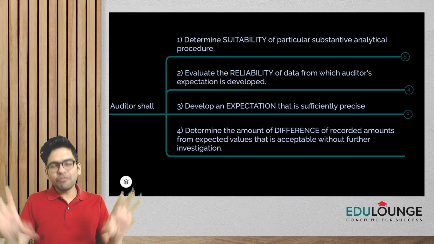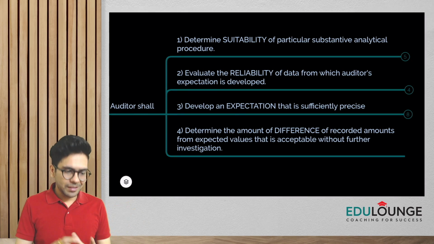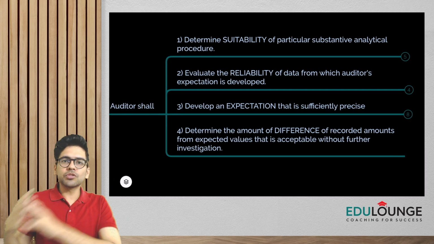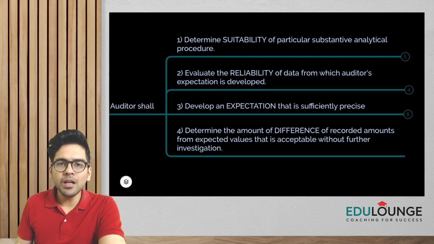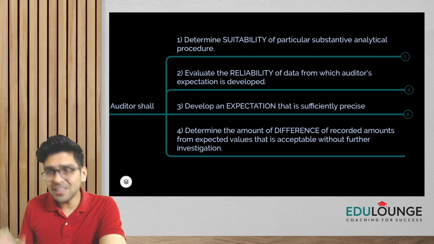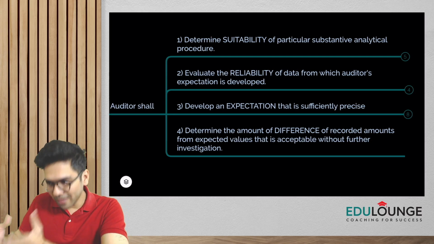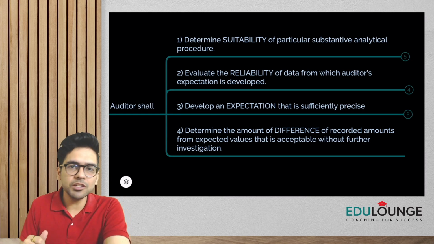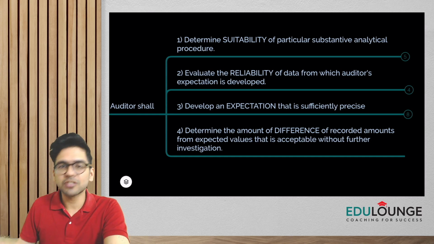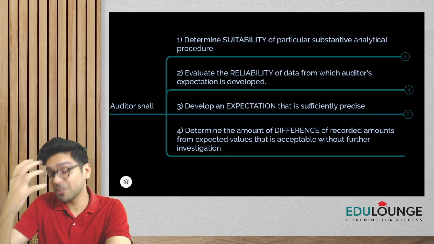Okay, so what are the 4 things, guys? Number one, first you'll have to see whether the use of analytical procedures is going to be suitable in this case. Second, you will have to see the reliability of data, so that the expectation that you developed is also precise. And whatever expectation you develop, guys, it can't be random. It has to be sufficiently precise.